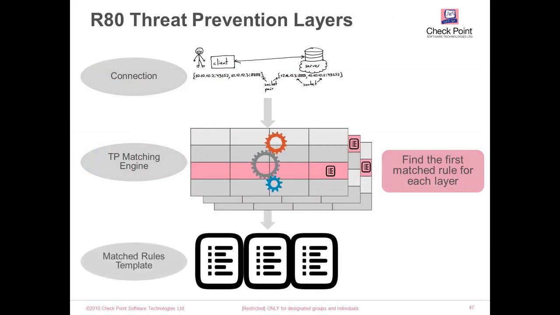So in the end, we're going to have a matched rule template that is a combination of all the protection profiles from all these 3 different rules, and the action that we're taking is going to be the most restrictive action. More details on how the matched rule templates are being created based on the protection profiles are going to be explained further once the R80.1 gateways are released and we do support installation of multiple threat prevention layers onto a security gateway.